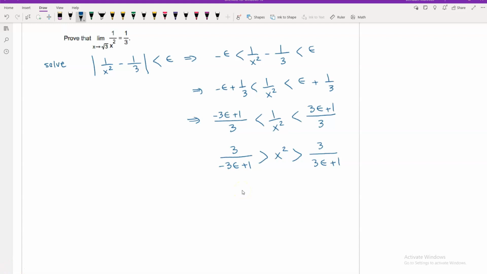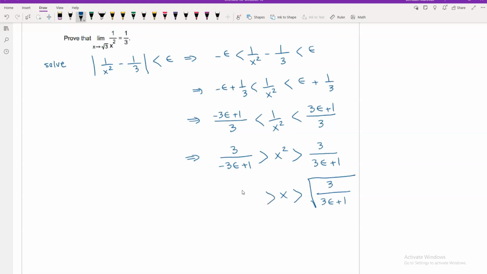Now here we have to eliminate this power. So using square root. Square root of x squared is x. And here using square root of 3 divided by 3 epsilon plus 1.